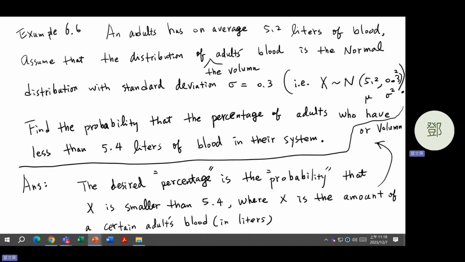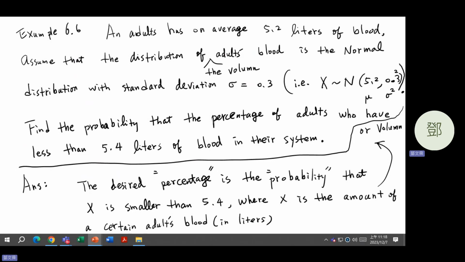And the probability is the area under the curve over a certain interval. All right. So the whole paragraph means that X has the normal distribution with 5.2 as mu and 0.3 squared as sigma squared.